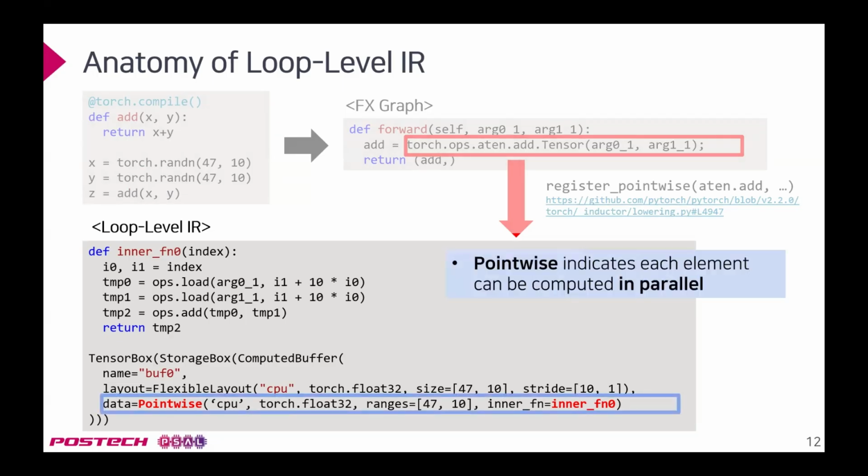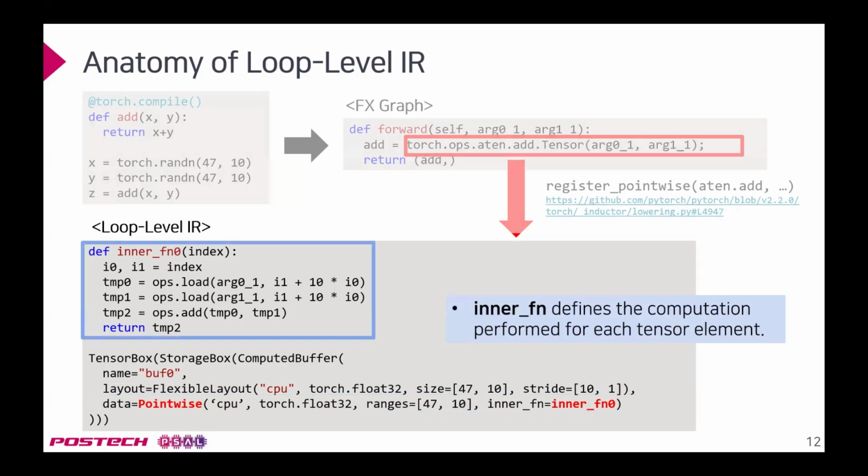The Pointwise type tells us that each element can be computed independently in parallel. And the actual logic is defined in the inner_fn. This inner_fn represents the body of the loop that will eventually be generated by the backend.